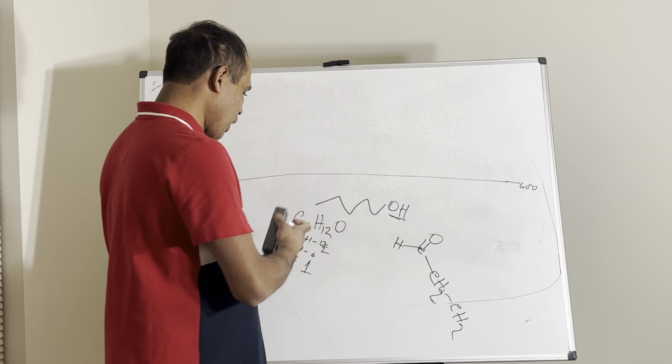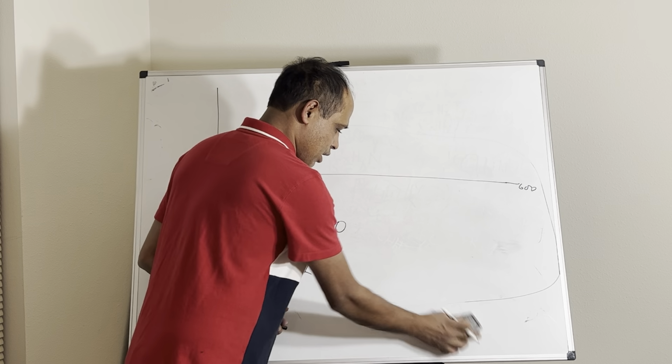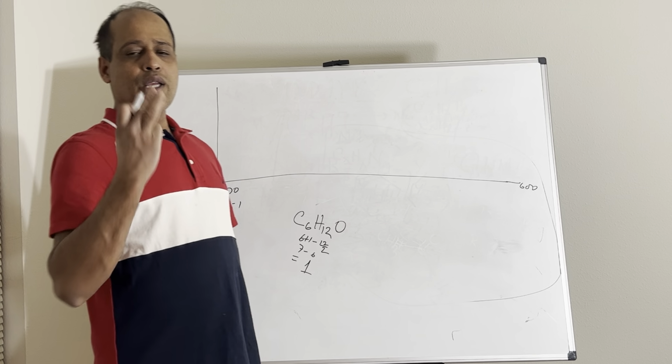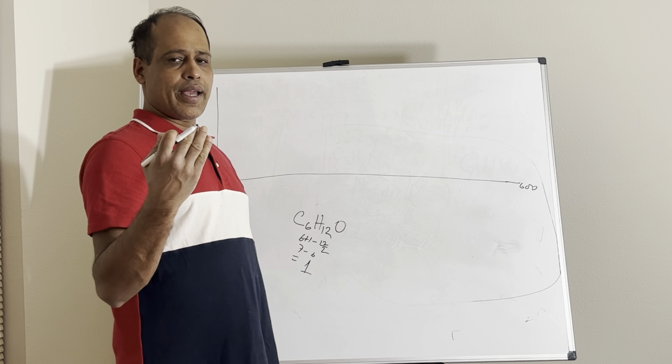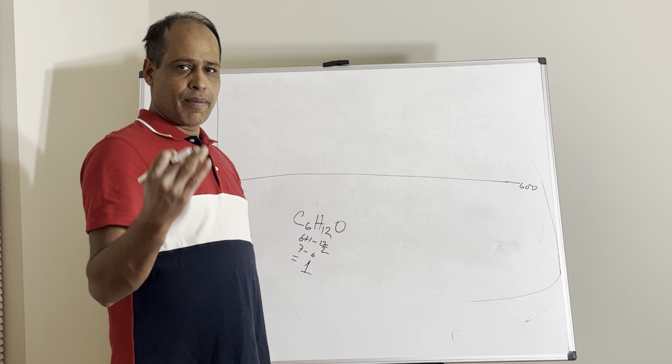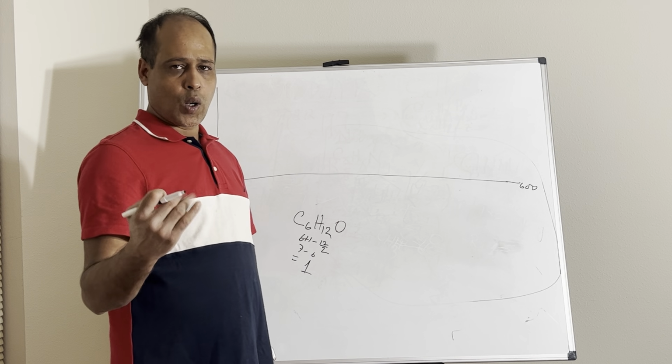So when you are given a structure and you have only one oxygen, you will look for three things in the IR. It can be a ketone, an aldehyde, or an alcohol.